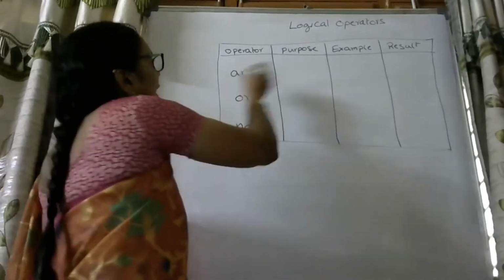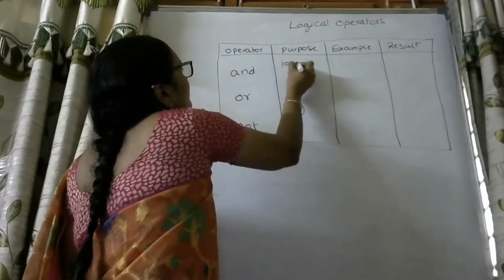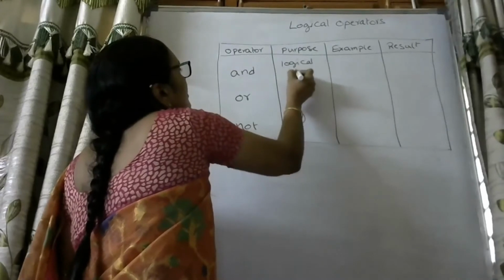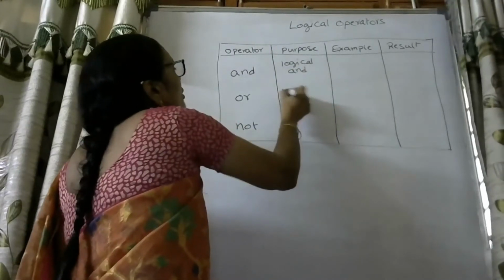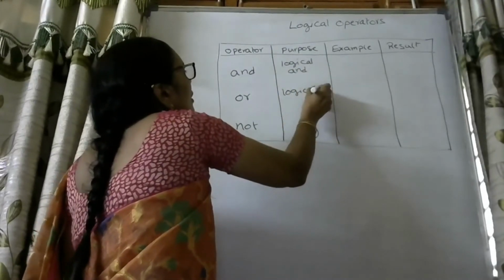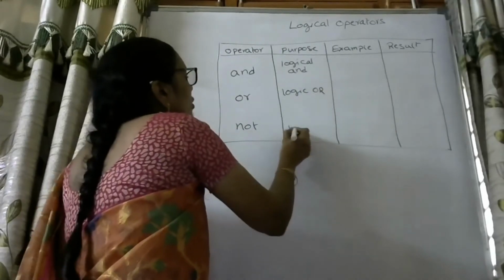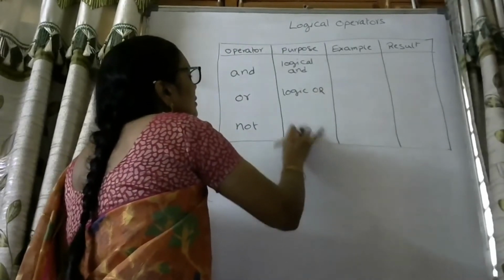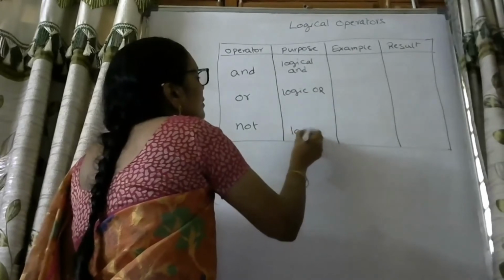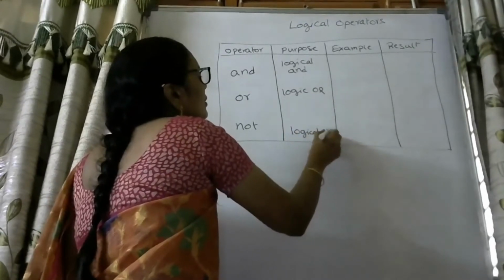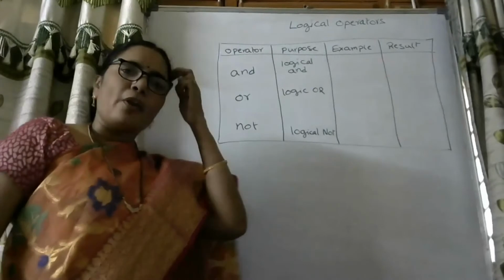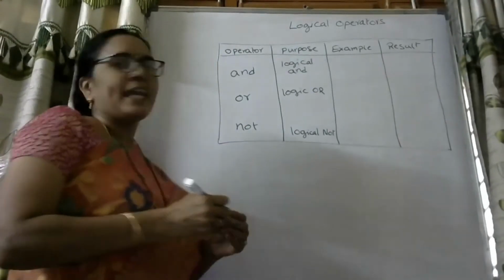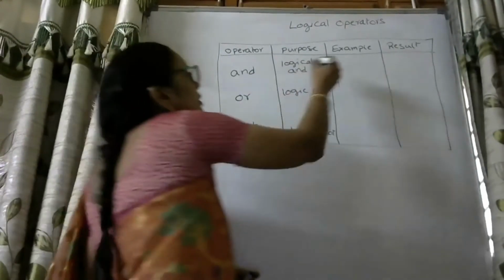So AND is the logical AND, OR is the logical OR, and NOT is the logical NOT.